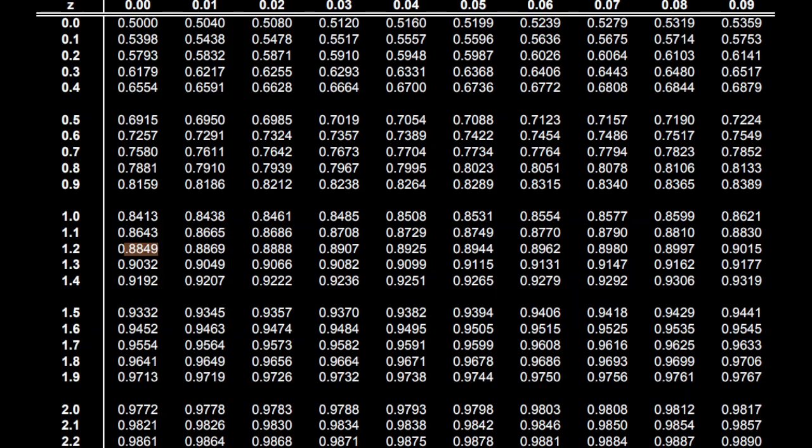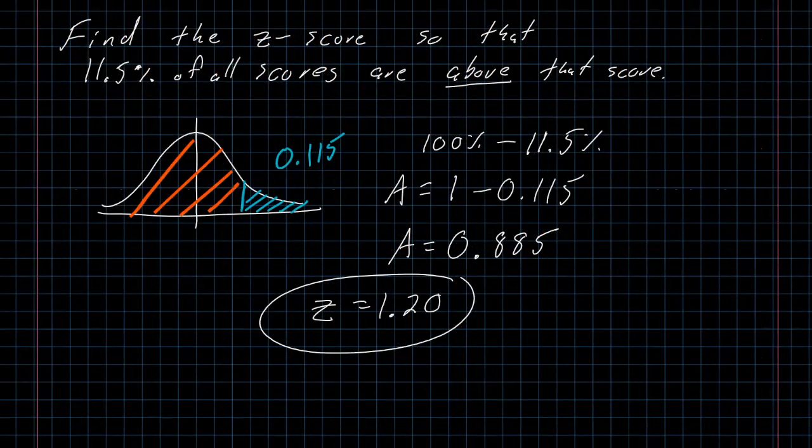And reading off that 0.8849 occurs at the place where z is 1.20. So there we have it.